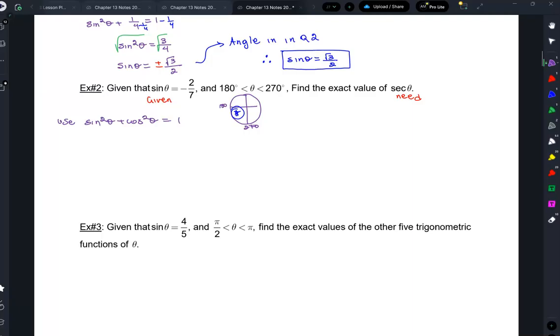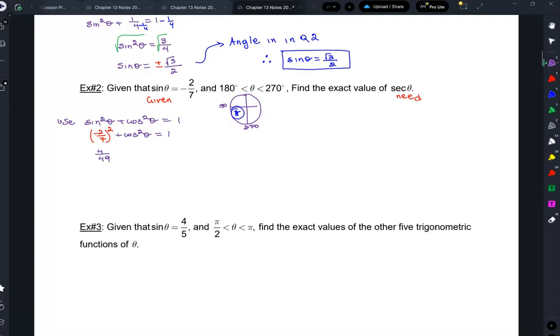Sine of theta is negative 2 over 7, squared. So what's this? 4 over 49.